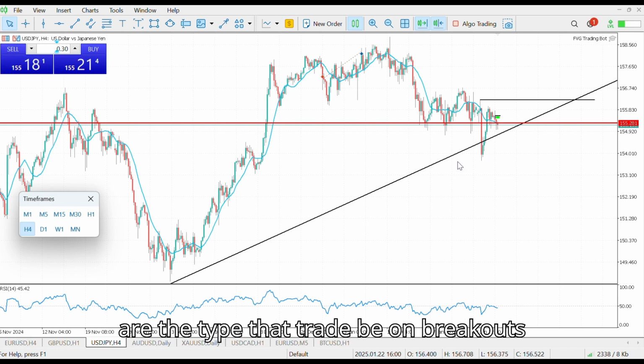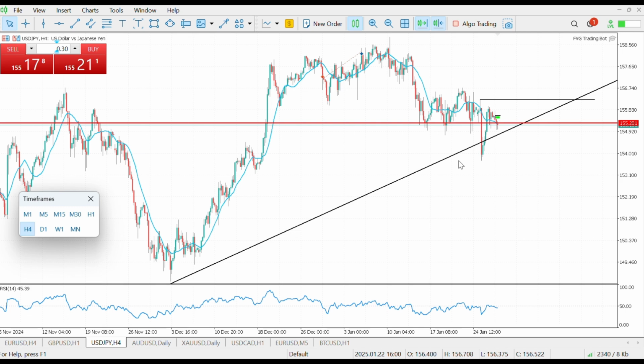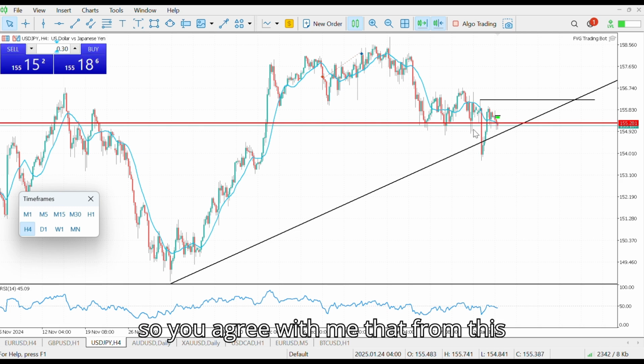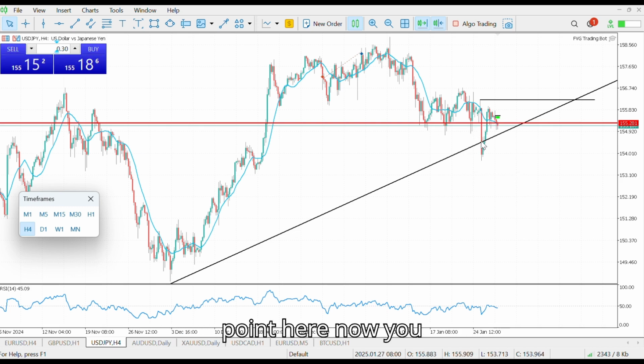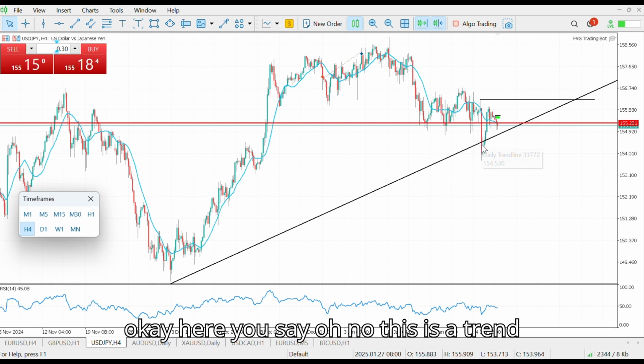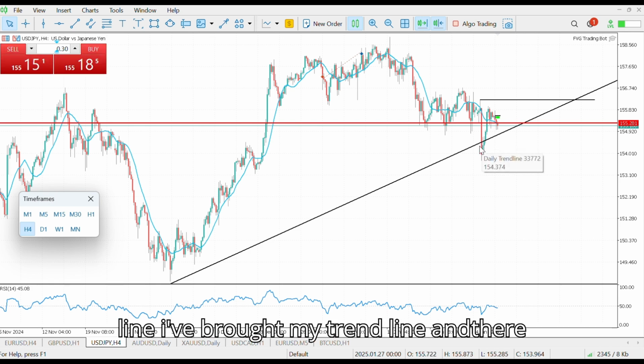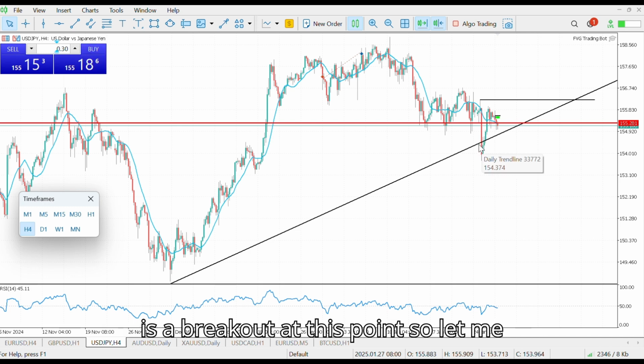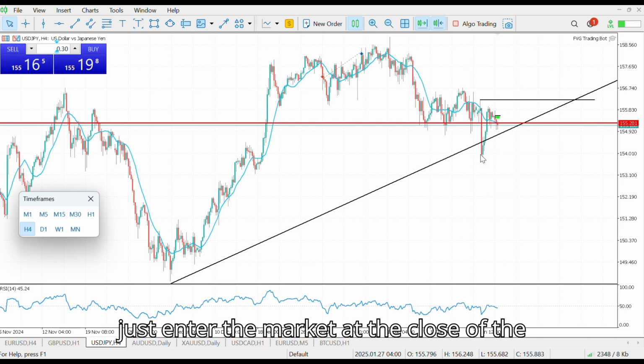And if you are the type that trades based on breakouts, you agree with me that from this point here, you say, oh, this is a trend line, I've drawn my trend line and there is a breakout at this point. So let me just enter the market at the close of the candle.